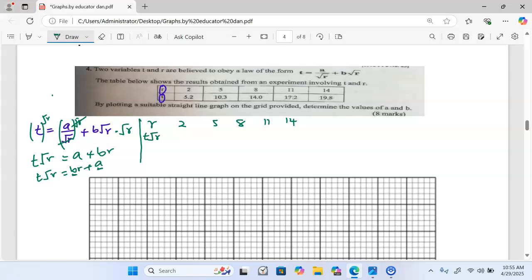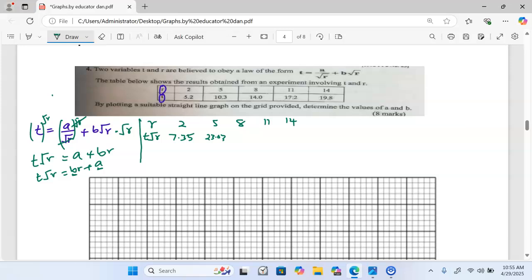So you take the value of T, which is 5.2, times the square root of 2, giving us 7.35. For 5, you take the square root of 5 and multiply by the value of T, which is 10.3. You get 23.03.